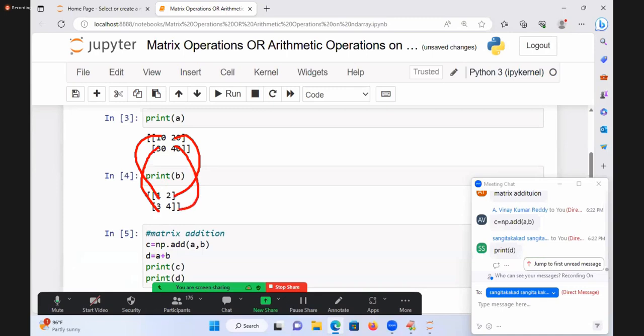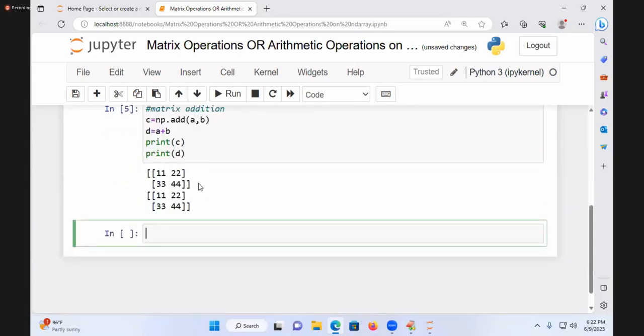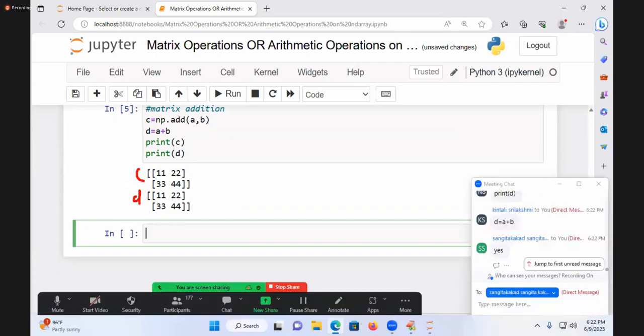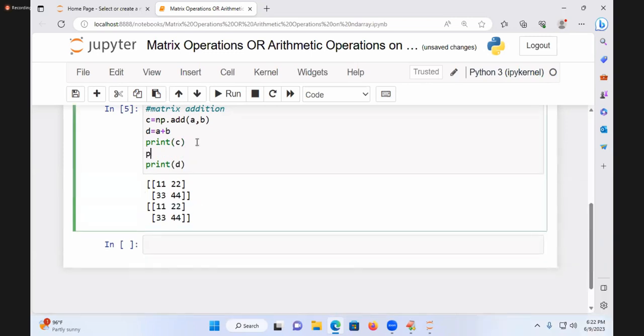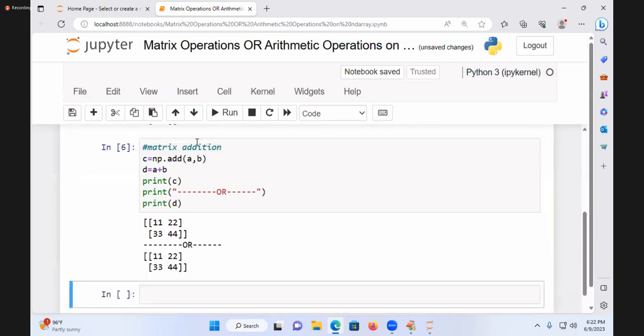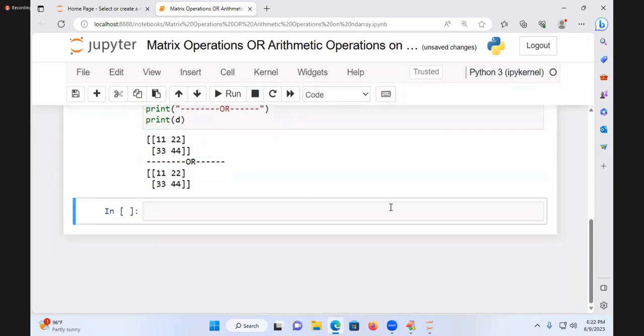Are you following? That is known as matrix addition. So the C matrix is obtained, and the D matrix is also obtained. Same answer. Are you following me? See that this answer is coming.